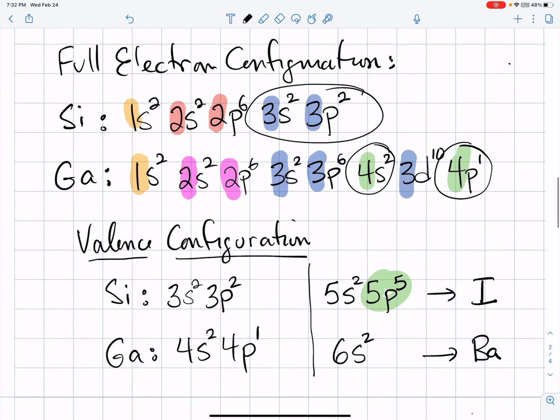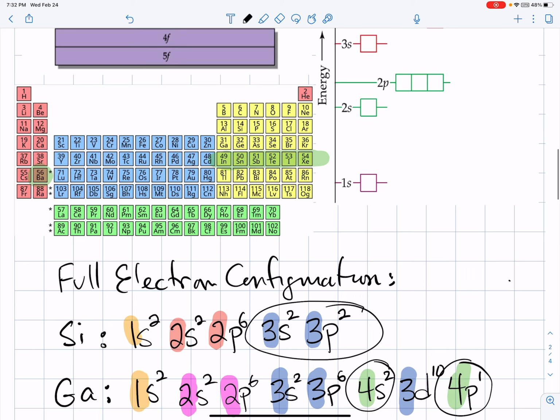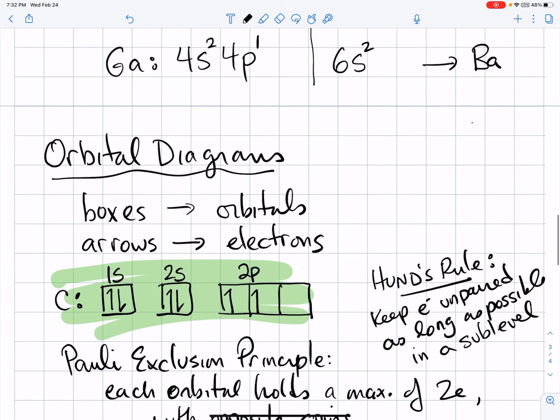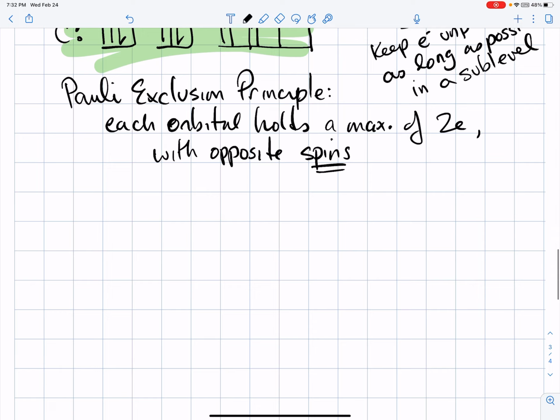So looking up at a periodic table here, how about we try sulfur? Let's do sulfur's orbital diagram. Okay, so if you have your own periodic table, find sulfur. It's underneath oxygen on your periodic table. Be sure you're looking at that. And then imagine what its electron configuration would be.